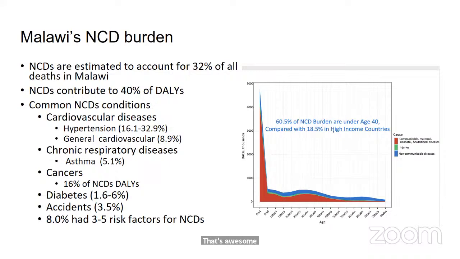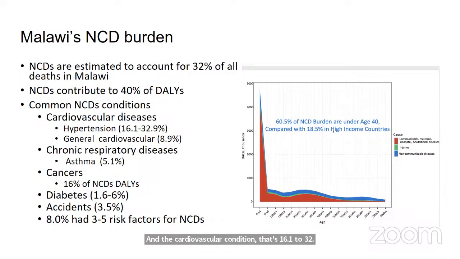All right, so I was just talking about the burden of NCDs in Malawi, and I said they account for about 32% of deaths in Malawi, and 40% of deaths are contributed by NCDs versus the communicable diseases. And the cardiovascular conditions, you have hypertension at 16.1 to 32.